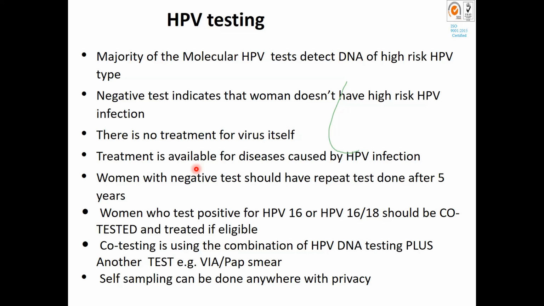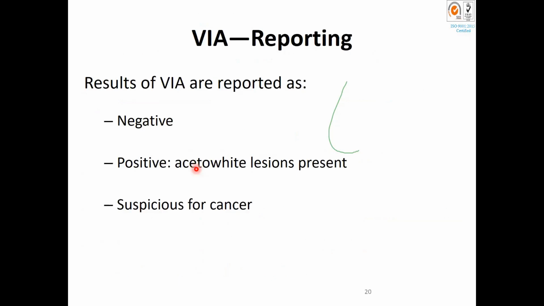If I get a positive HPV test, I need to end up doing VIA or a pap smear, at least to be able to help these clients. So when I'm doing VIA, what does it mean? I use acetic acid to apply on the cervix, whereby the abnormal cells will take up the acetic acid, and then they become opaque, and they give me an aceto-white lesion.